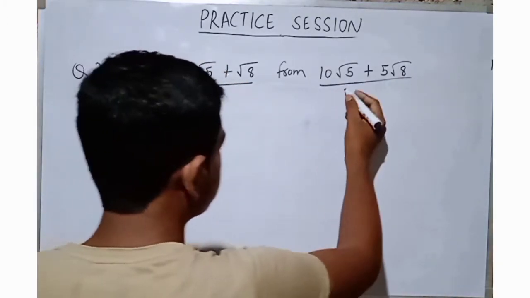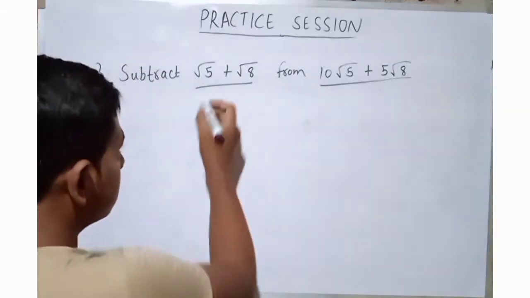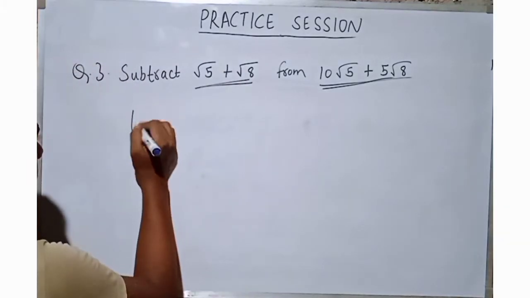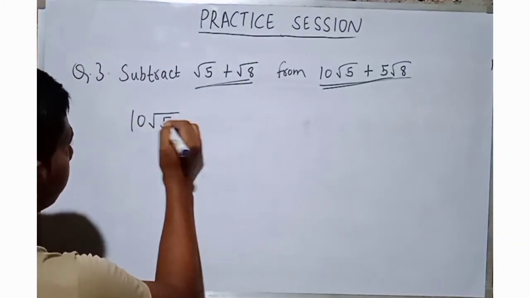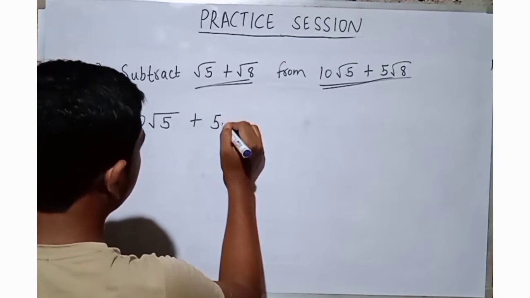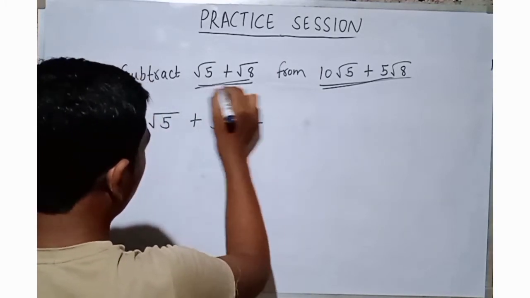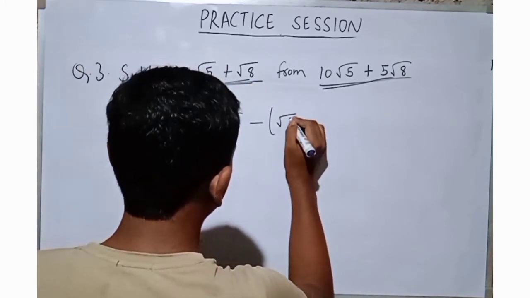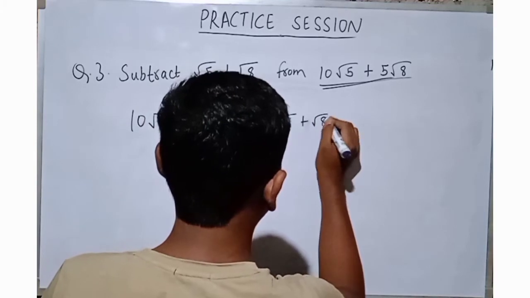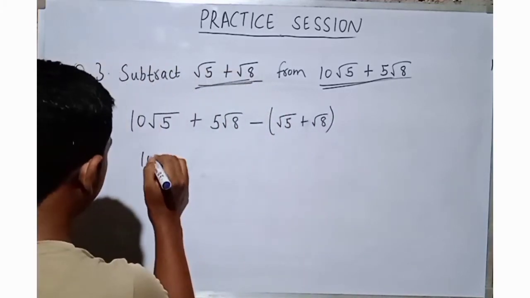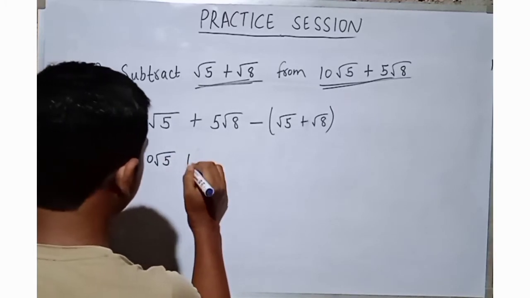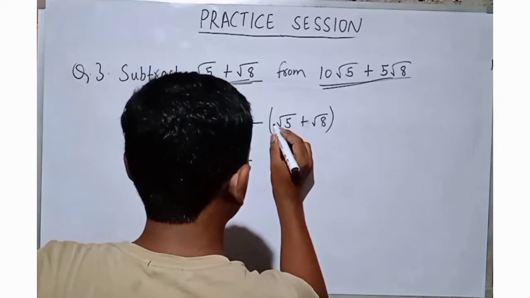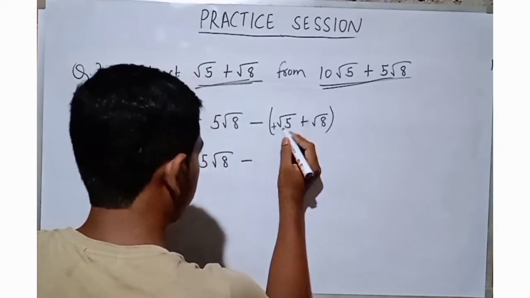This number is small and this number is greater. So it will be 10 root 5 plus 5 root 8 minus this whole number, root 5 plus root 8, in brackets. So it will be 10 root 5 plus 5 root 8 minus, and here it is plus root 5.